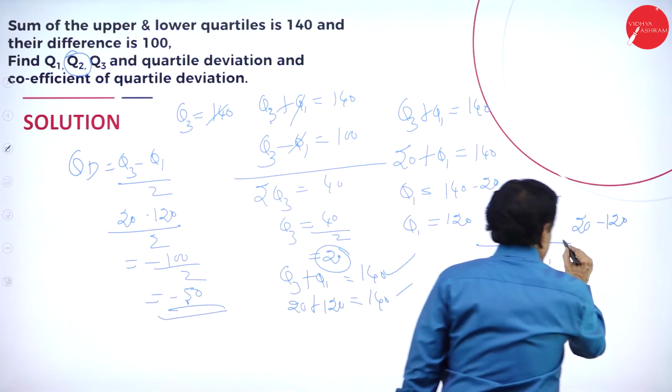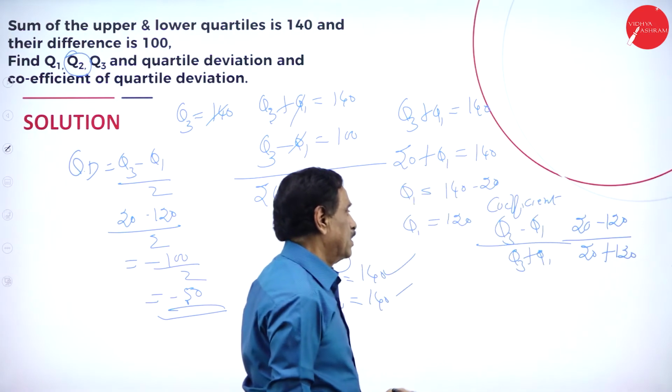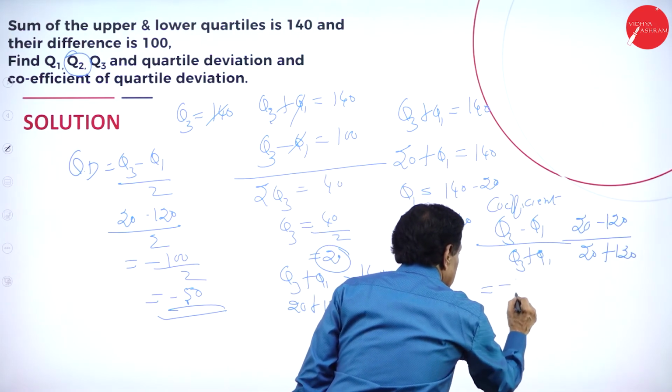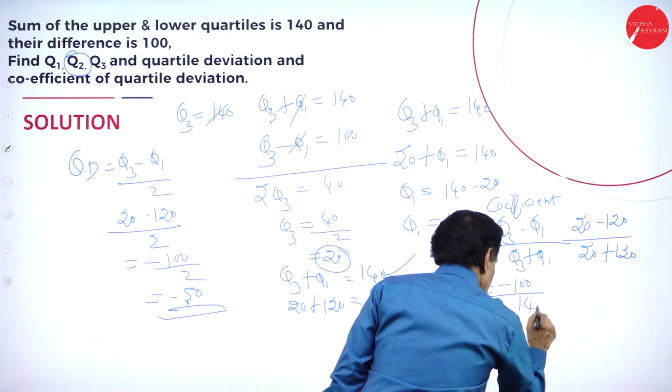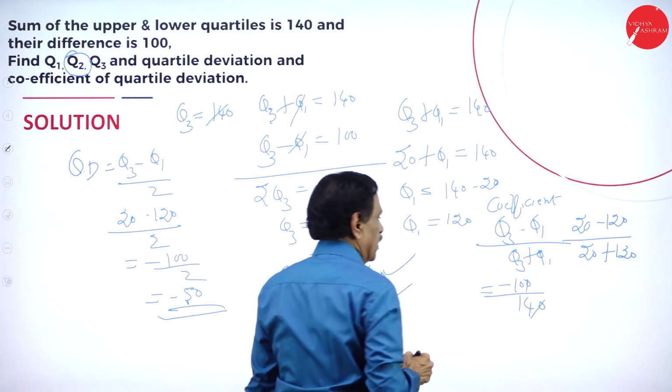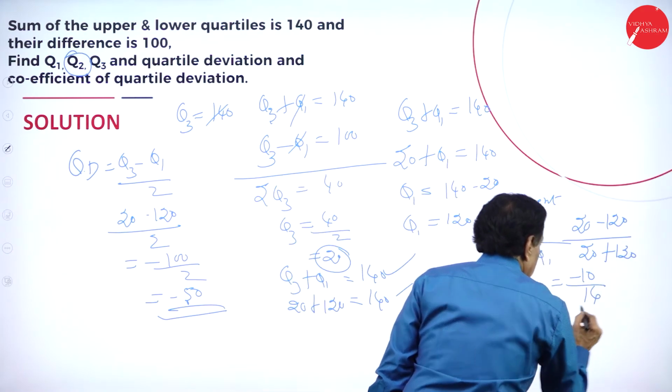Then 20 plus 120. So this is minus 100 divided by 140. Cancel the 0. This is minus 10 divided by 14.